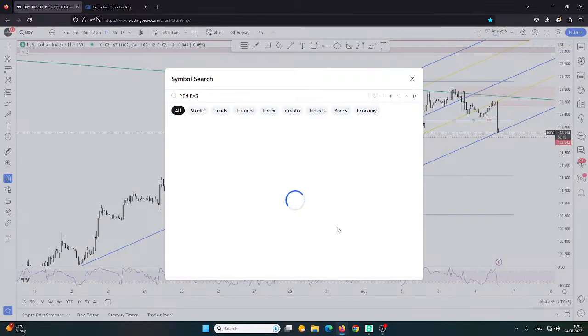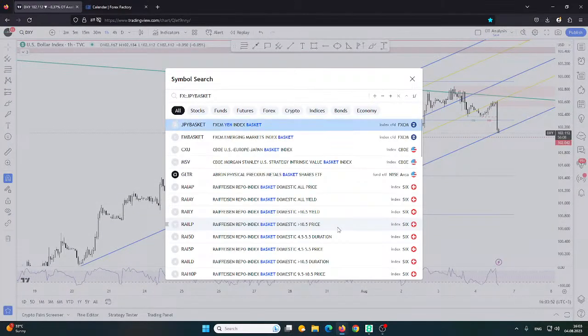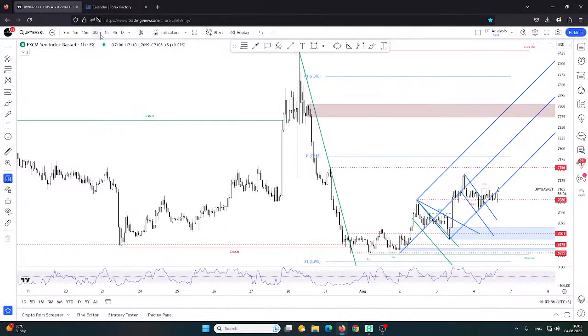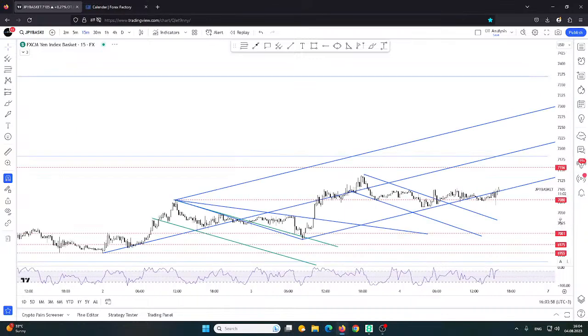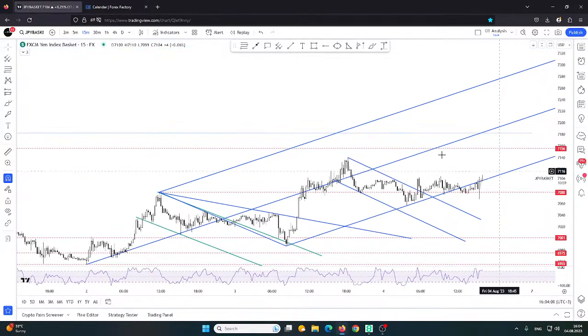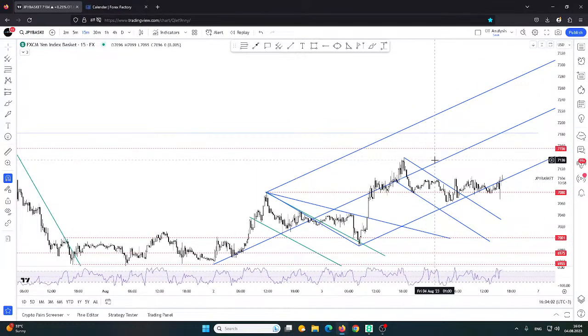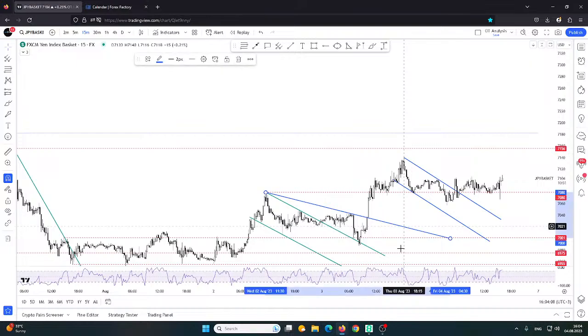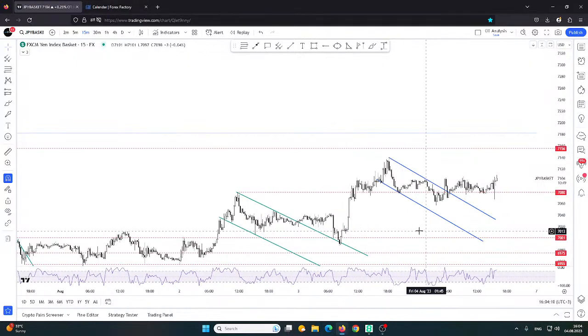I will talk first of all about the yen basket, because right now, guys, only because the DXY crashed and the US dollar depreciated, maybe the Japanese yen could appreciate versus rivals.